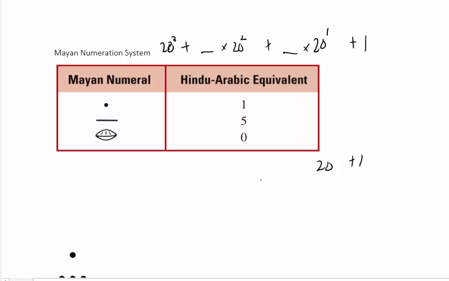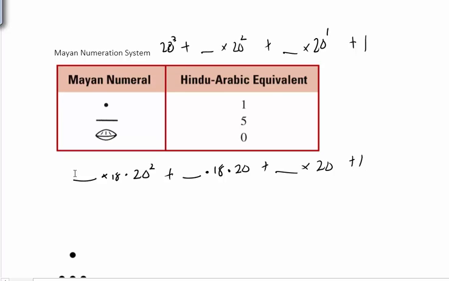But when we look at their place value, we still multiply by 20, but when we get to the third position out, we add in this extra factor of 18 times something, and then 20 squared times 18 times something. Okay, so that's one interesting change.